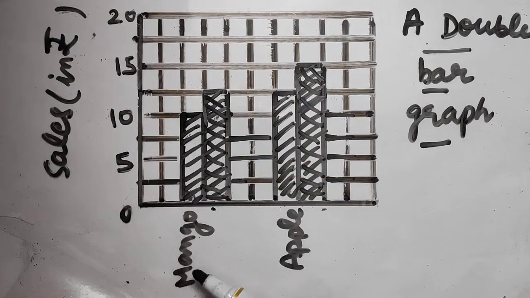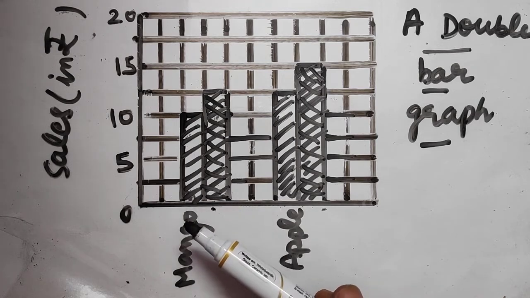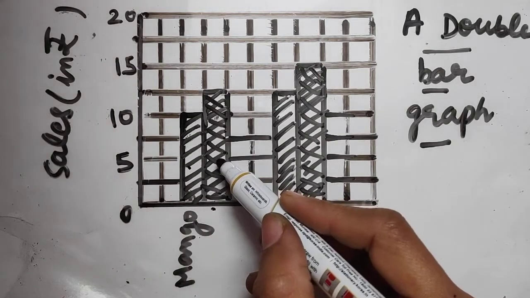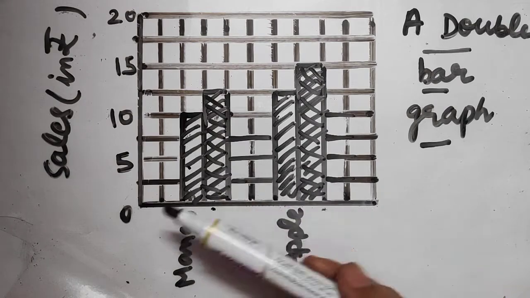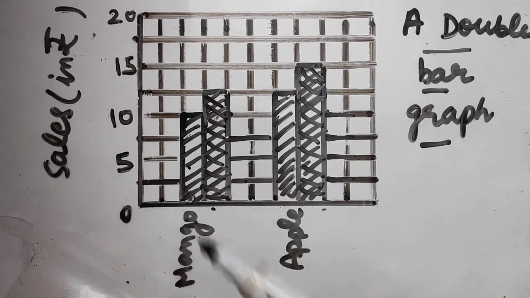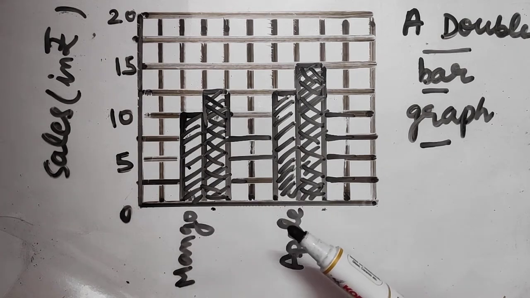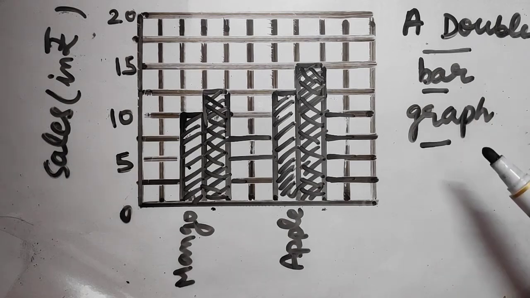Like I have made the bars for two fruits here, mango and apple, over a 2-day period. Like this is for Monday and this is for Tuesday. So this graph gives a comparative account of sales in rupees of various fruits over a 2-day period. This is how we can differentiate between double bar graph and a bar graph.